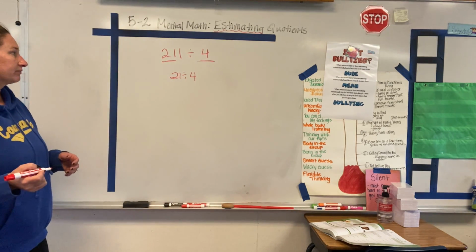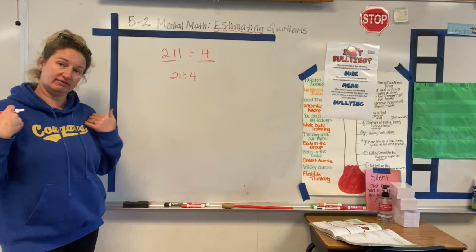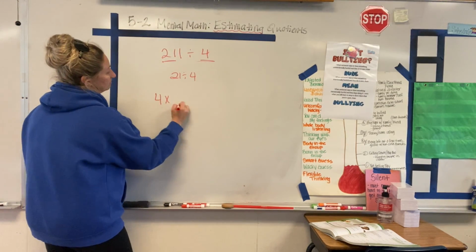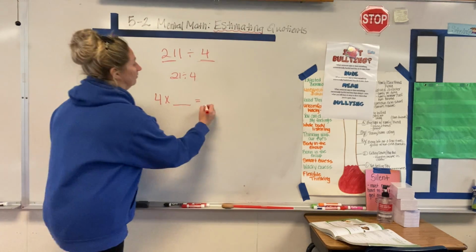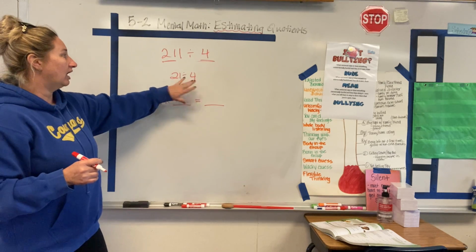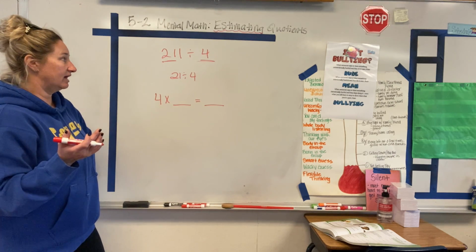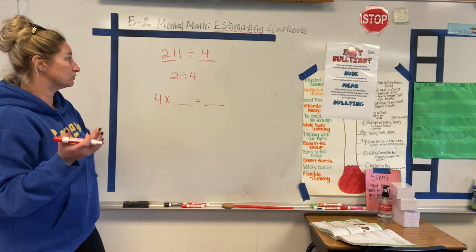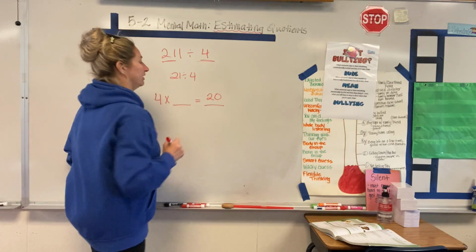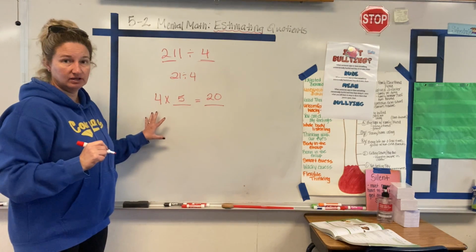I know that 4 does not go into 21. Because I know my fact families and my multiplication facts, I can do 4 times blank equals blank. I need to think of a number that's close to 21. 4 times 4 is 16, and then 4 times 5 is 20. That's really close, 20, and that was times 5. So this is the fact family I'm going to use: 4, 5, and 20.